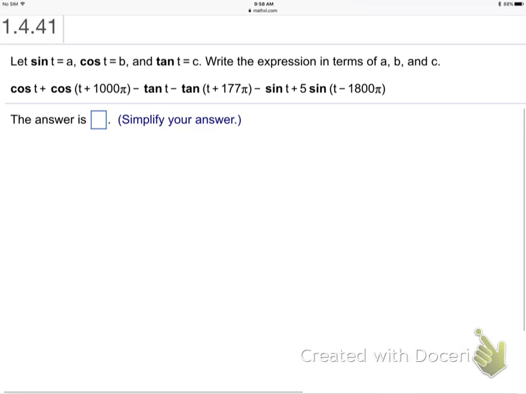Definitely use your calculator. I would use your calculator on something like this. So try that one. Crank that one out.